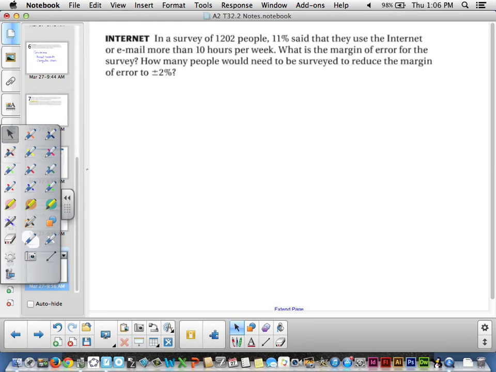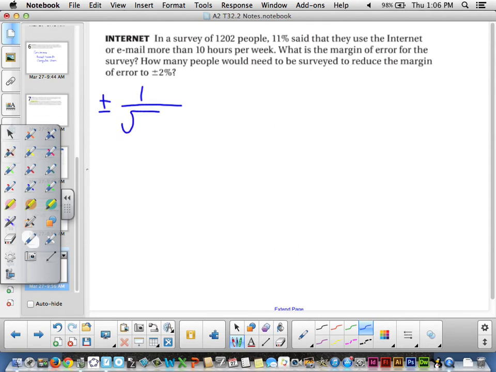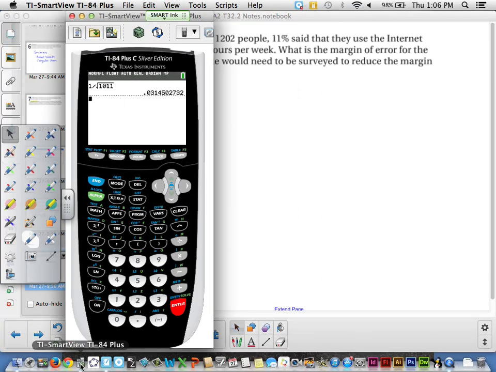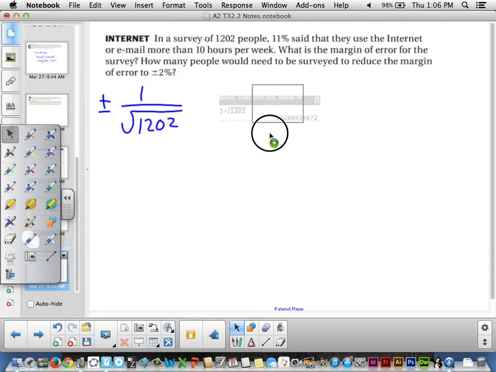Well, first off, our margin of error is going to be plus or minus 1 over the square root of 1,202. That gives us a margin of error of about 2.8%, plus or minus 2.8%.